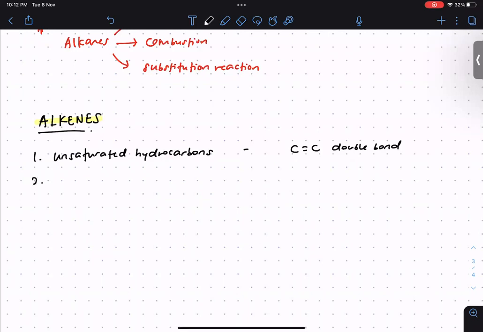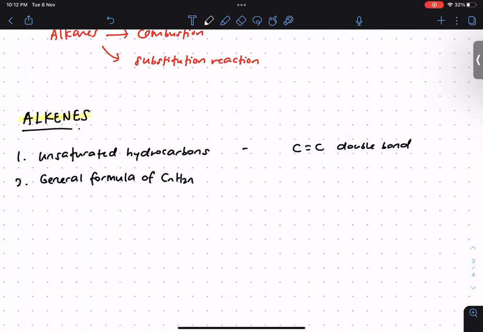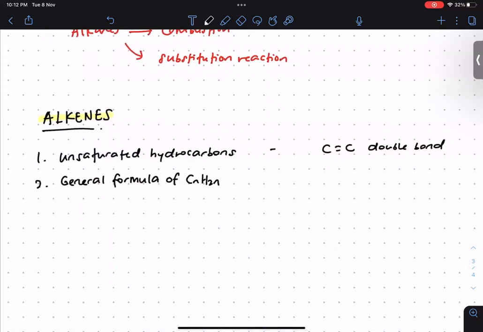Secondly, it has a general formula of CnH2n, where you notice that the carbon to hydrogen ratio is 1:2. So it has a functional group now. The functional group is the carbon-carbon double bond.